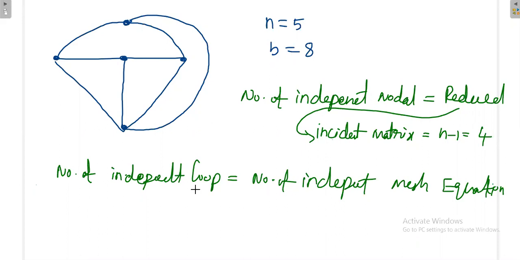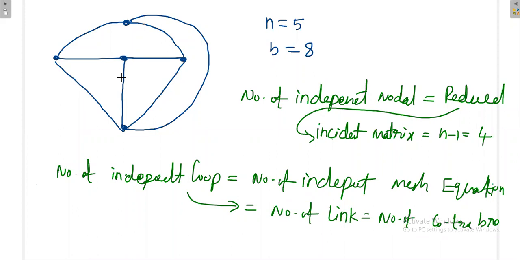The number of independent loops is the same as the number of links, which is the same as the number of co-tree branches.